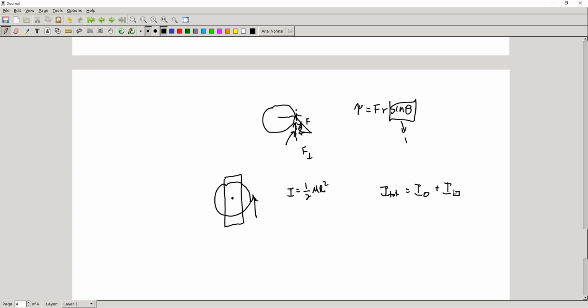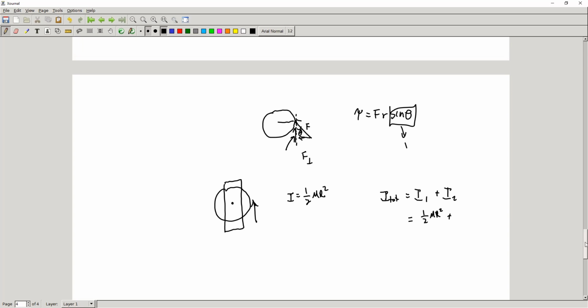I'm kind of getting a little creative here with the notation, but you can use whatever notation you'd want. Maybe more convenient to go something like this: I1 and I2, where we already know that I1 is going to be the moment of inertia contributed by our merry-go-round itself, and I2 is going to be from this board.